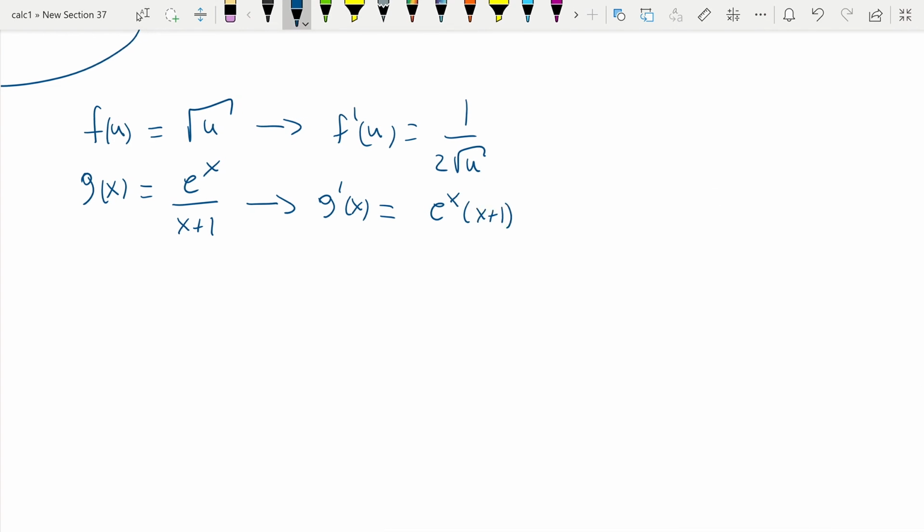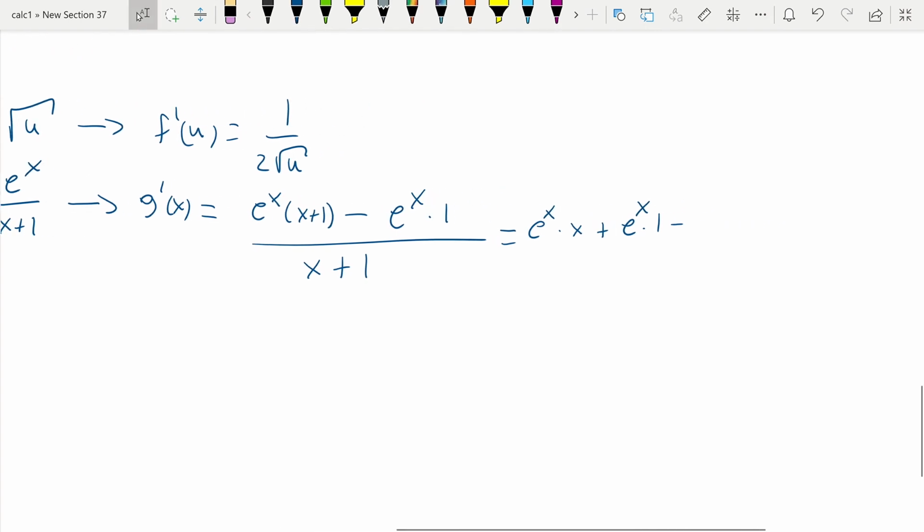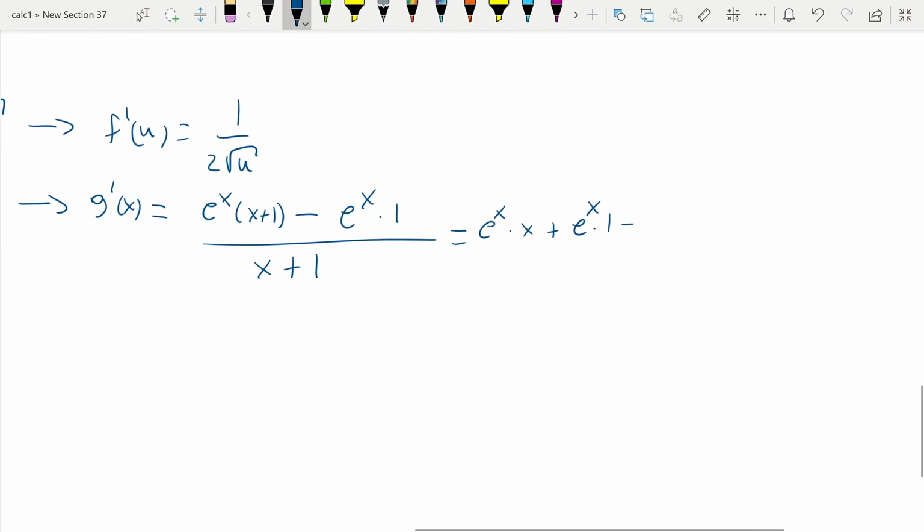Remember, it's the derivative of the numerator times the denominator, minus the numerator times the derivative of the denominator, which is 1, all of that divided by the denominator. And you see that if you expand here, the e to the x times 1 and this e to the x times 1 cancel out.